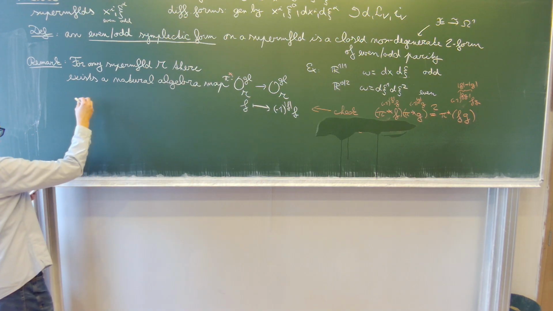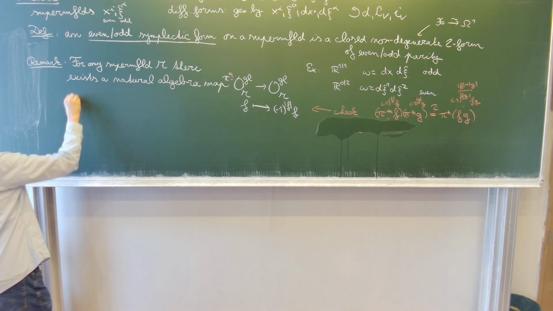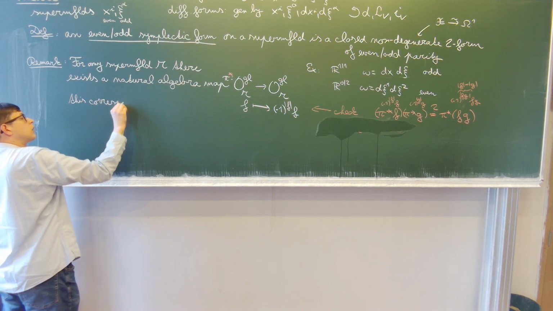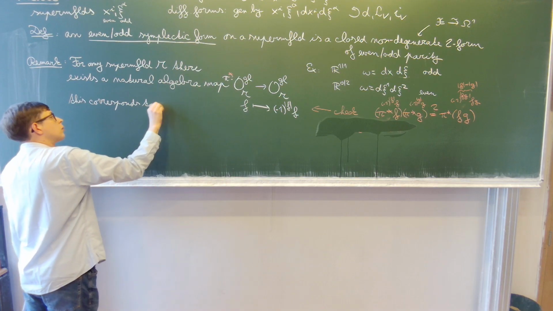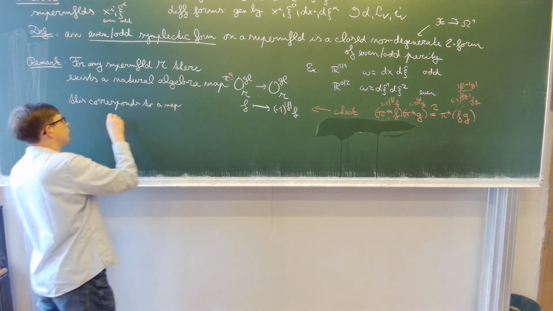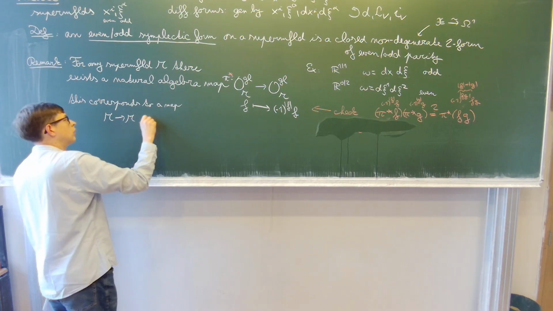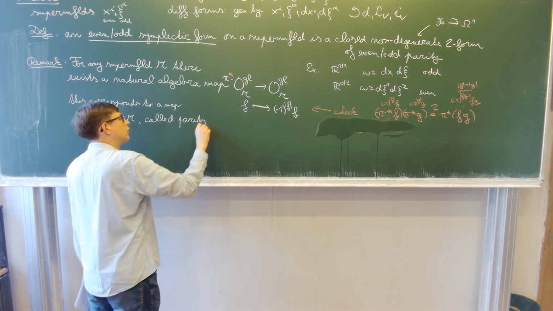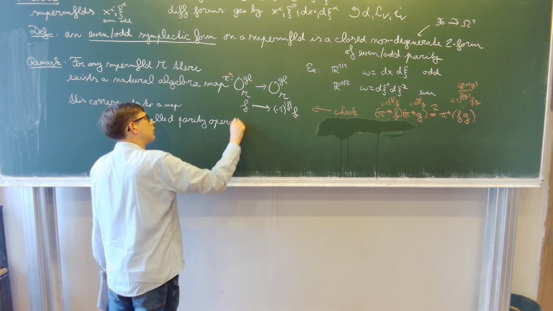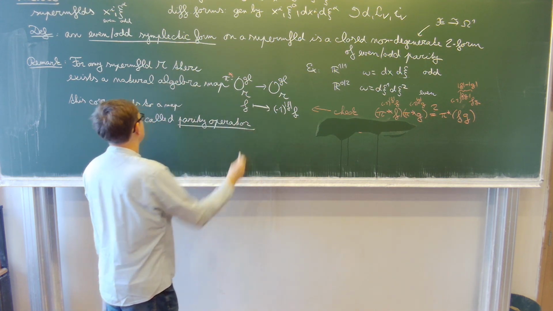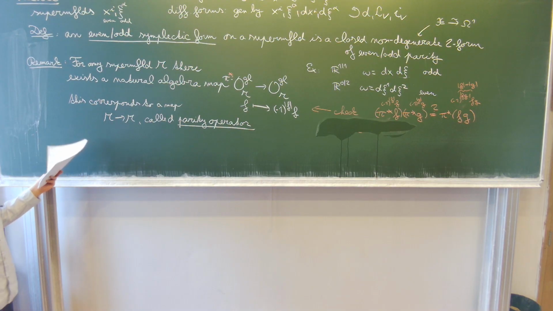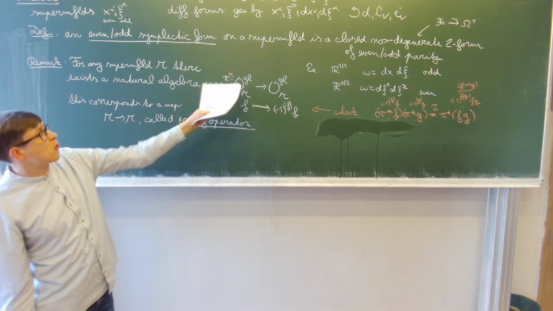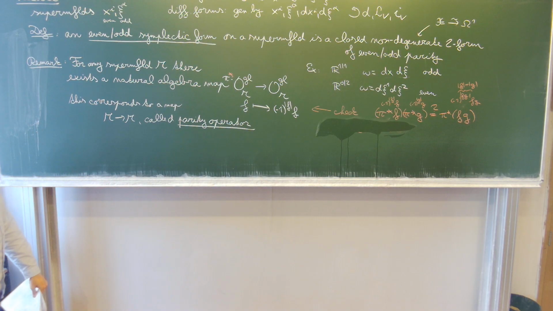So this corresponds to a map from M to M called the parity operator. If you remember, there was a statement that maps of two supermanifolds are in one-to-one correspondence with the algebra maps on their global functions.